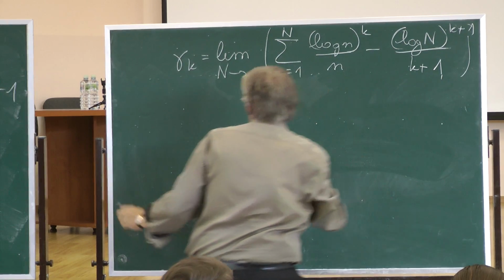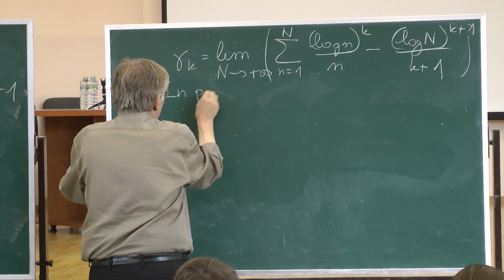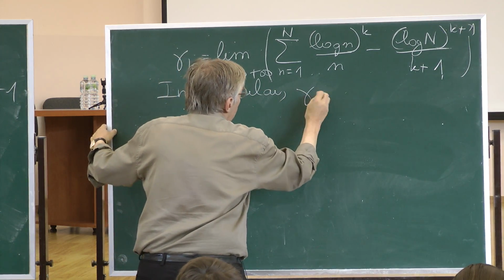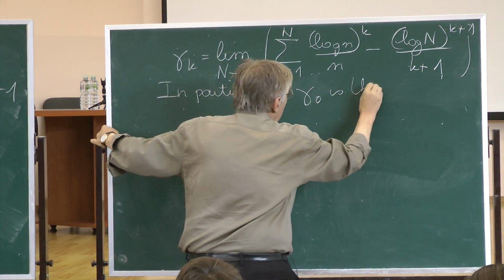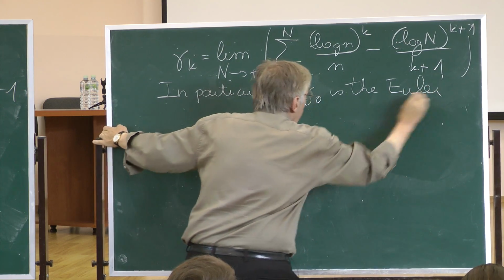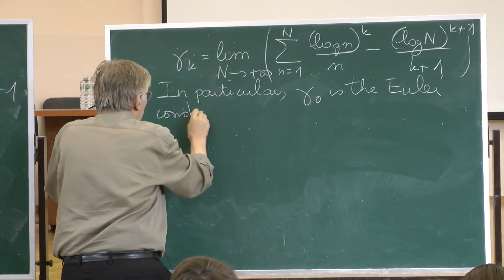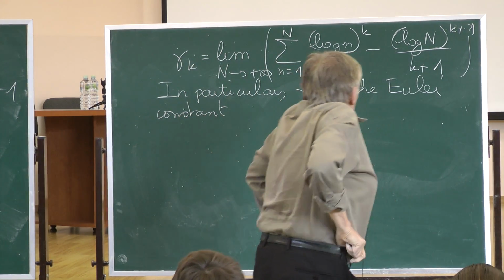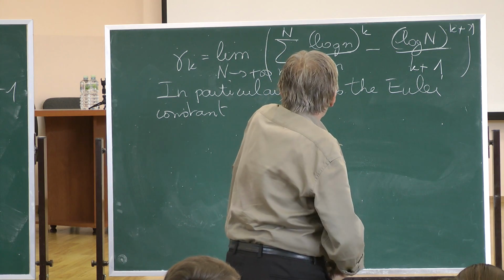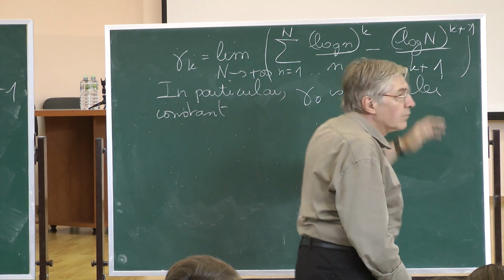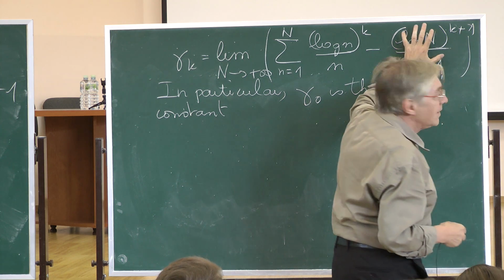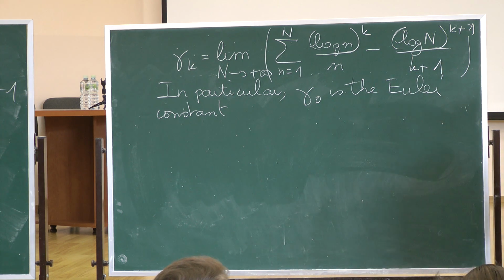And in particular, gamma 0 is the Euler constant. Generally, in the literature one writes the thing like this, as the limit of this. But I generally prefer not to write this term, because this term is here only to make the thing converge.